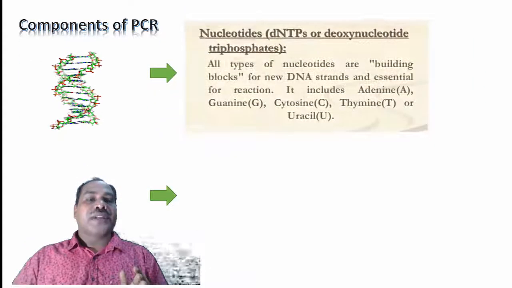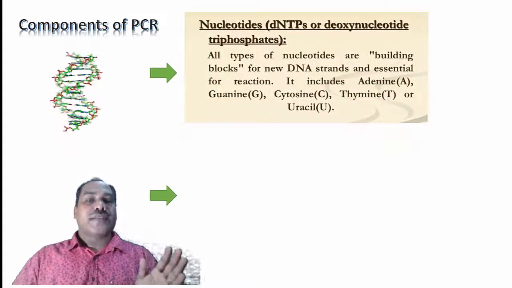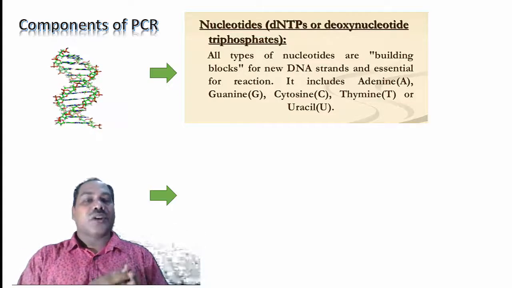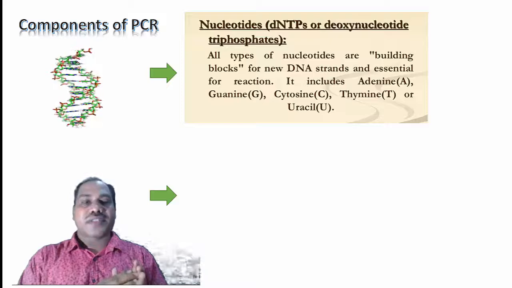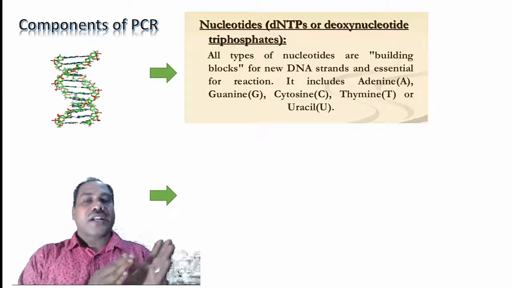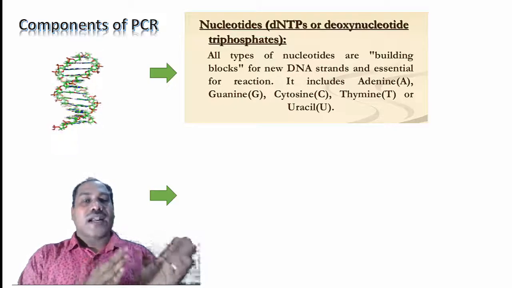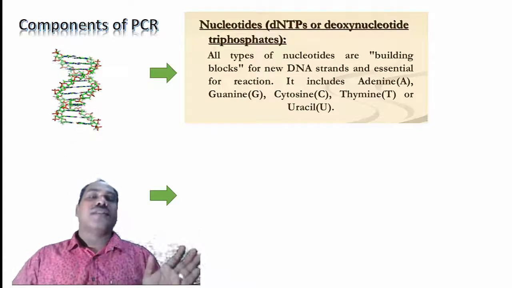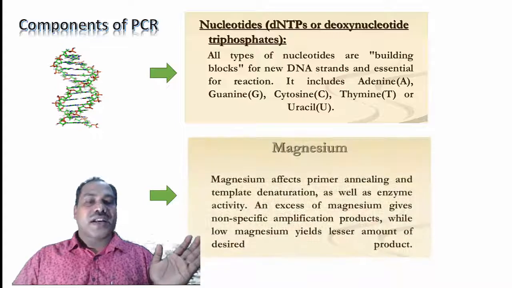Then the third component is the nucleotides, and all these types of nucleotides are the building blocks, and these are required for DNA synthesis. This includes different nucleotides such as adenine, guanine, cytosine and thymine, which are used for these PCR reactions.